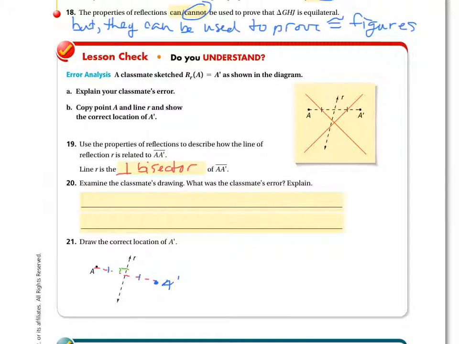It also has to be a perpendicular bisector. So examine the classmate's drawing. What was the classmate's error? So in the drawing, line R is not perpendicular to line AA prime.